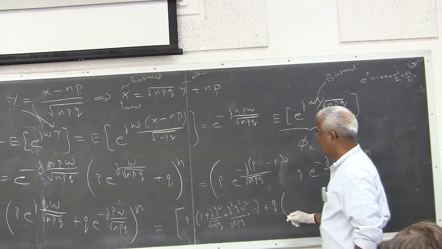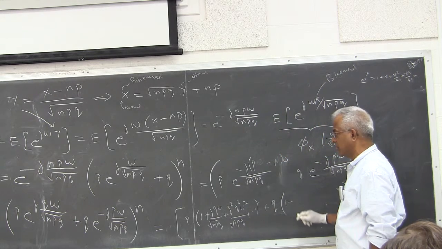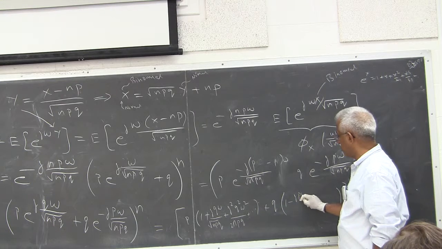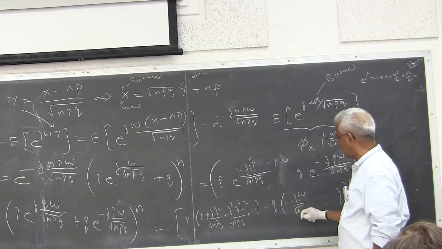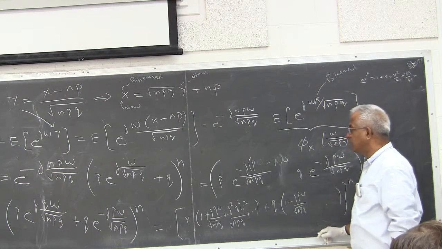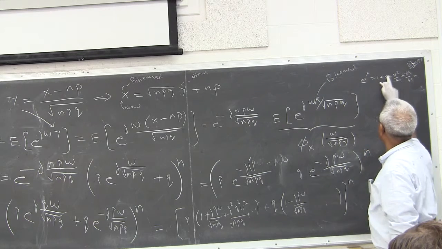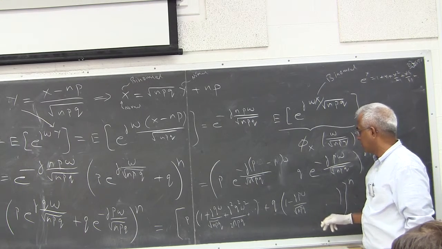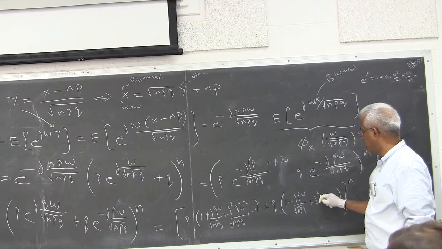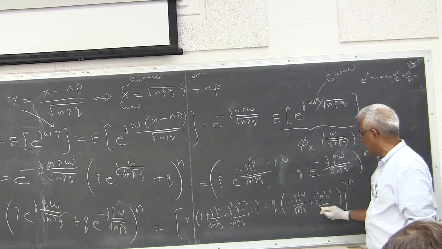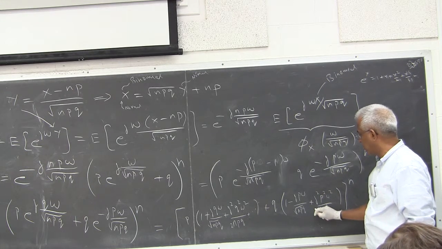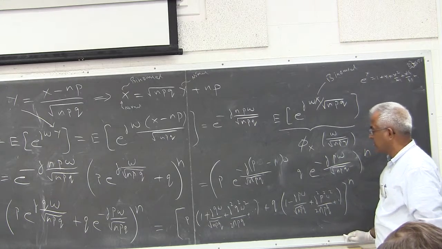Okay, here the same thing with the minus here and there. So this is 1 minus j p omega over square root of npq. Then the next term is going to be plus, right? So plus j squared p squared omega squared over 2npq plus higher order terms.